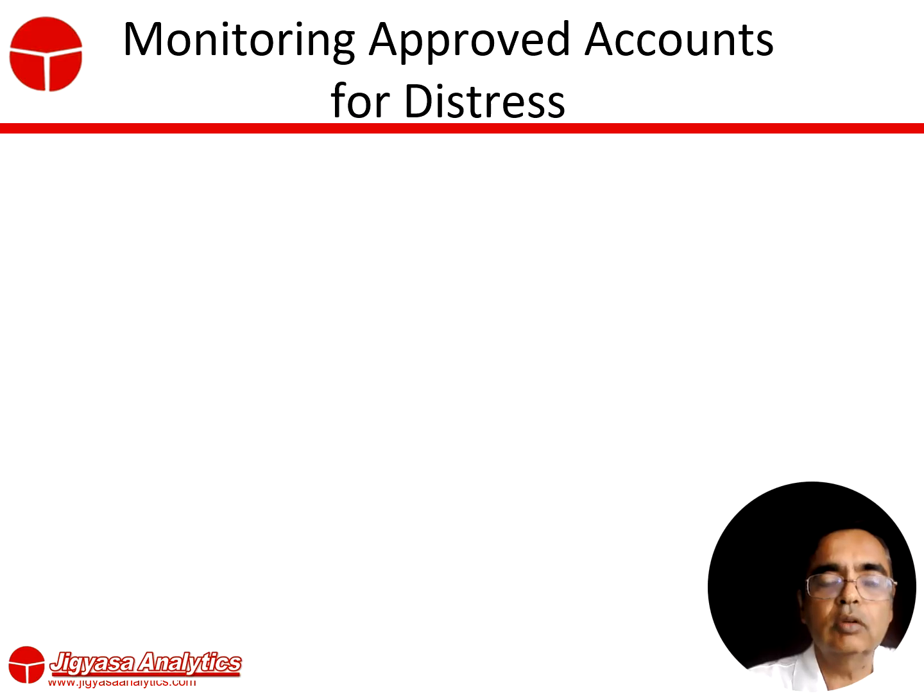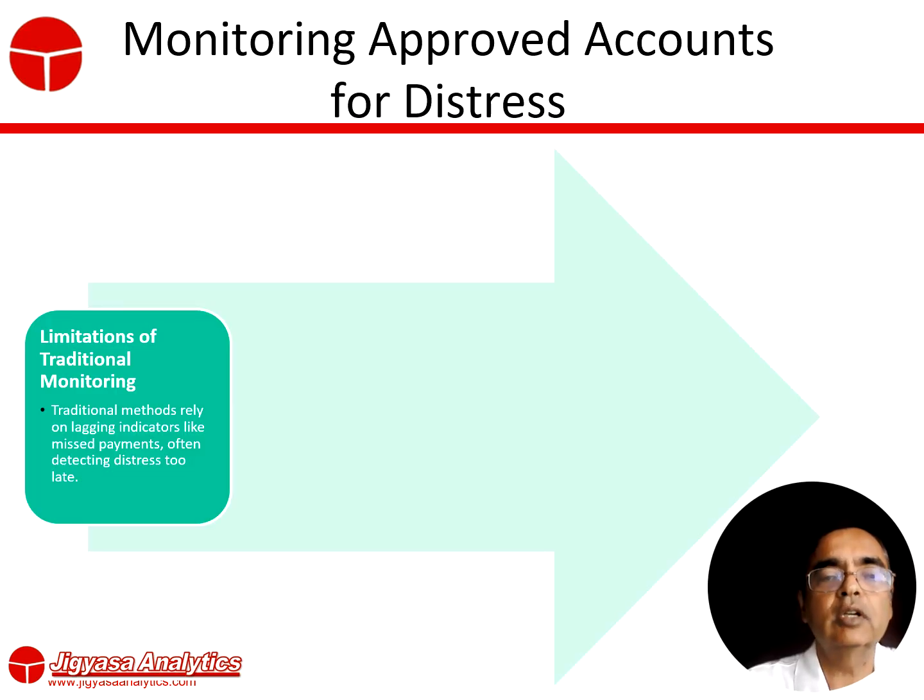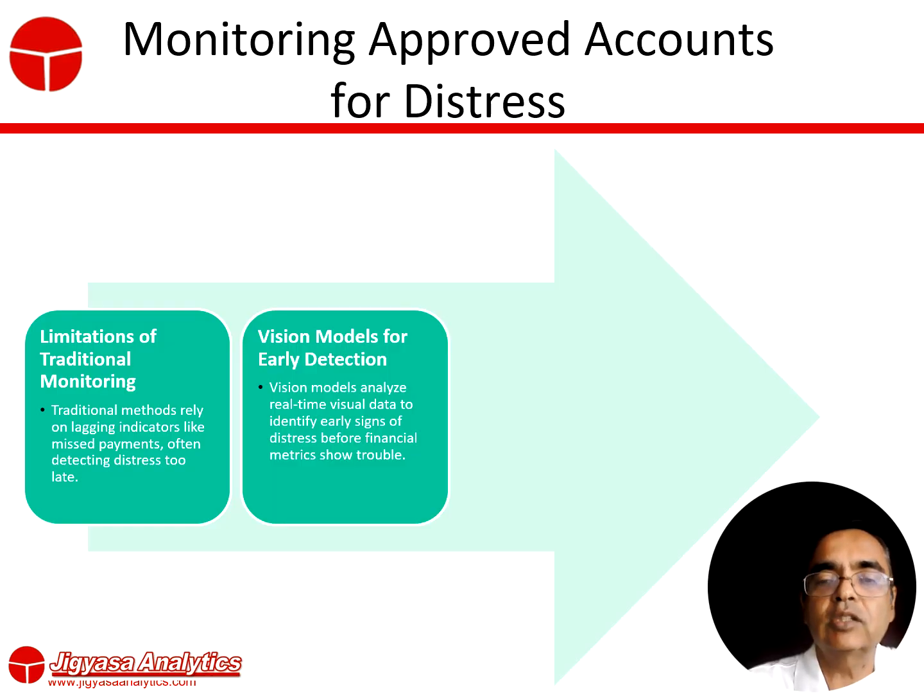So, the traditional approach here is to look for mispayments or signs of distress like a drop in scores, all of which is an essential and excellent measure, but unfortunately, these are lagging indicators, not leading indicators of distress, and often too late. And over here, visual data provides us a big opportunity to speed up our action.